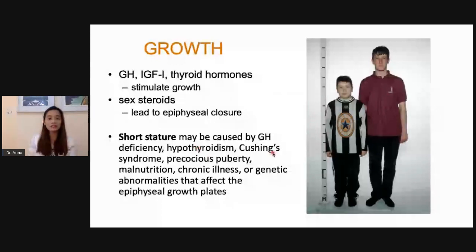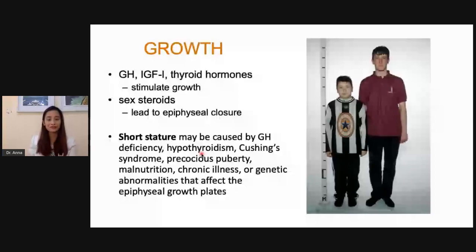Even Cushing syndrome, excess cortisol, precocious puberty, malnutrition, chronic illnesses, or genetic abnormalities that affect epiphyseal growth plates. So all of this can result in short stature. So patients with, let's say, congenital hypothyroidism will experience not just growth stunting, but also delay in their mental development.